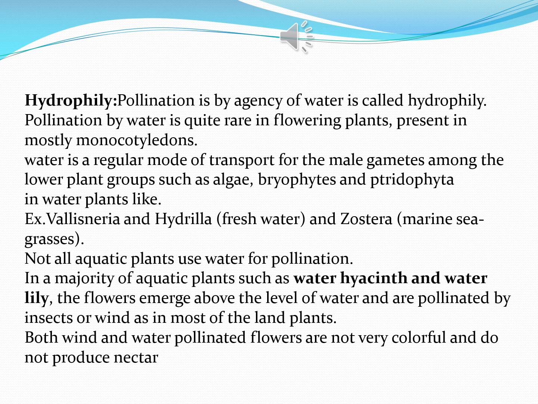We have to keep in mind that not all aquatic plants use water for pollination. In the majority of aquatic plants such as water hyacinth and water lily, the flowers emerge above the water.